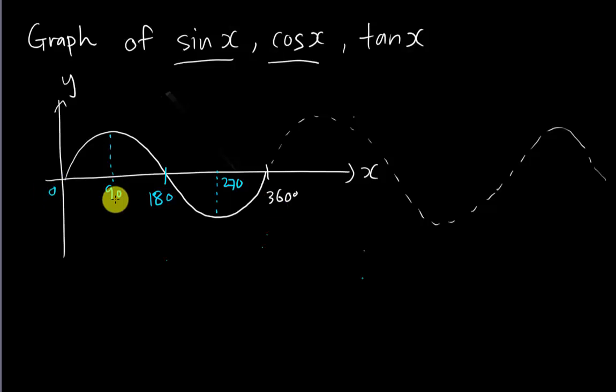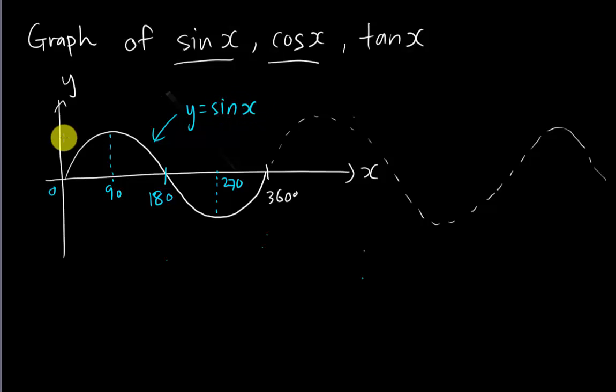You have to understand that sine 90 will give you the maximum value. For the sine graph and cos graph, the maximum value will be 1 and the minimum value will be -1. This is fixed, unless you have an equation with different amplitudes. But in this case, this is y equals sine x, which I call the standard sine graph.